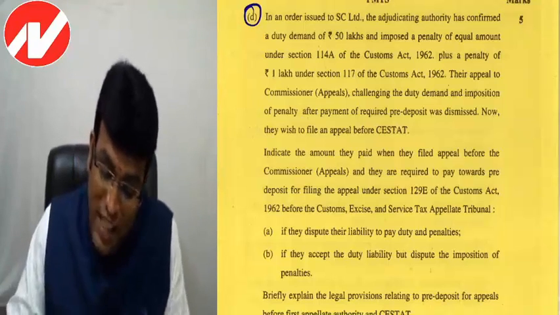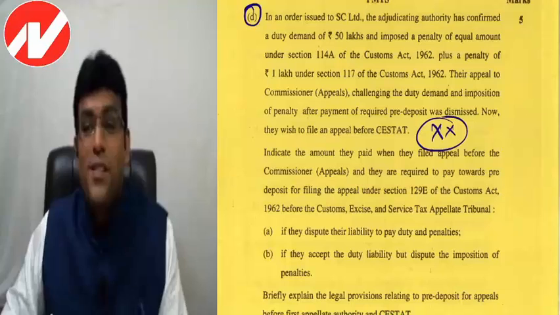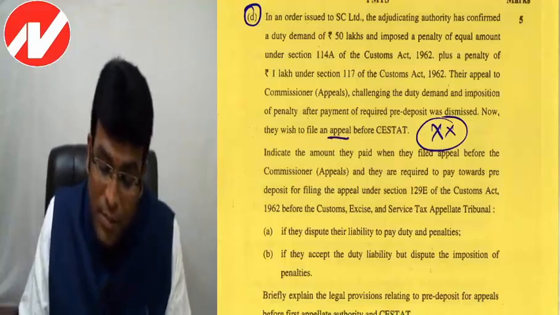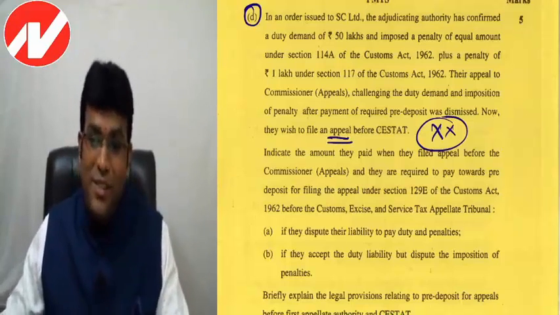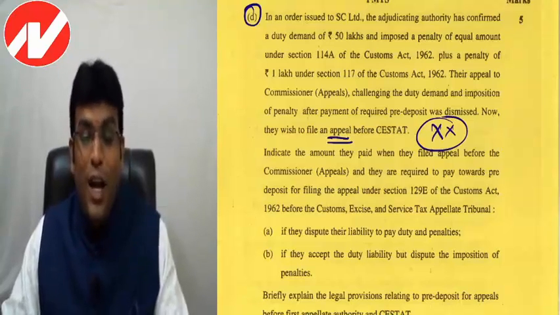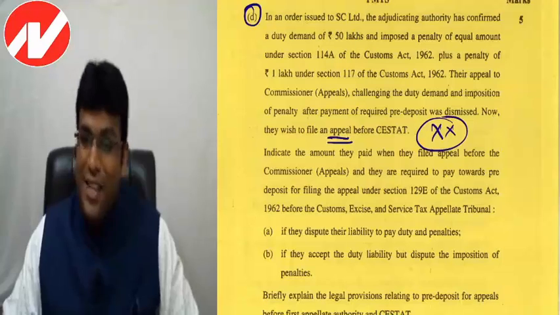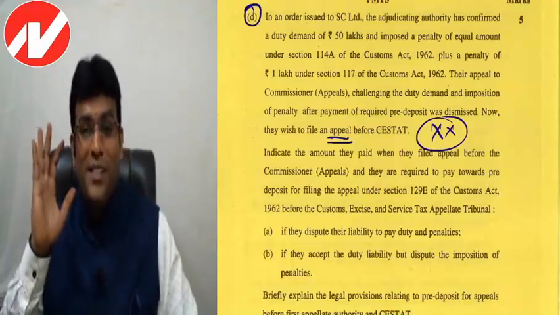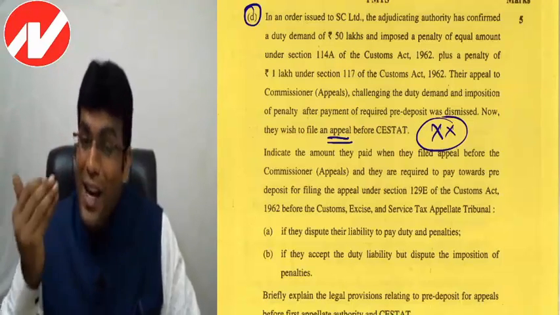Sir, this question also I will not discuss, my dear friends, because this question is talking about appeal in customs. In customs syllabus, we had once upon a time one chapter called appeals and revision, and that chapter has been removed from syllabus. So this is no more relevant for us.